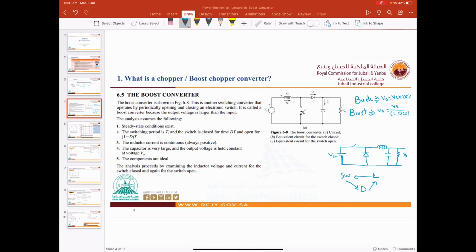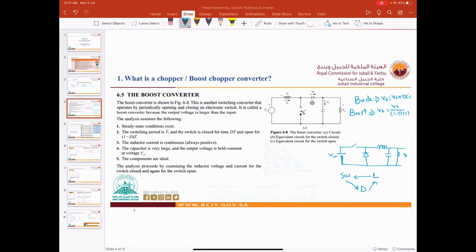So the inductor is here, the switch is here, and the diode is here. Okay, so this is the boost converter.